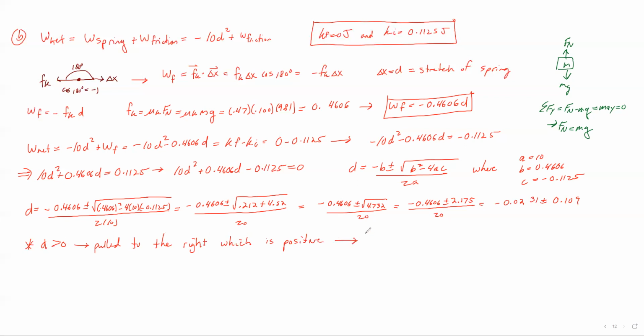So D is going to be negative 0.0231 plus 0.109. That's the only way it's going to be positive, and that's equal to 0.0859. So the answer D is 0.0859 meters, or 8.59 centimeters.